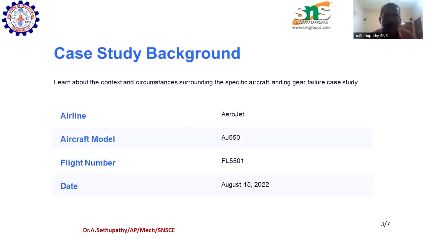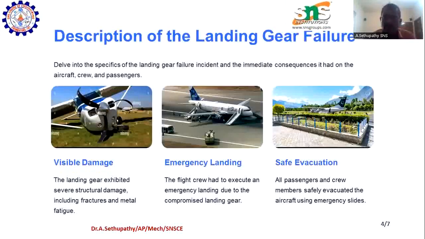In this case study background, learn about the context and the circumstances surrounding the specific aircraft landing gear failure case study. Airline: Aerojet, aircraft model AJ550, flight number FL5501, date August 15, 2022. Now, the description of the landing gear failure.